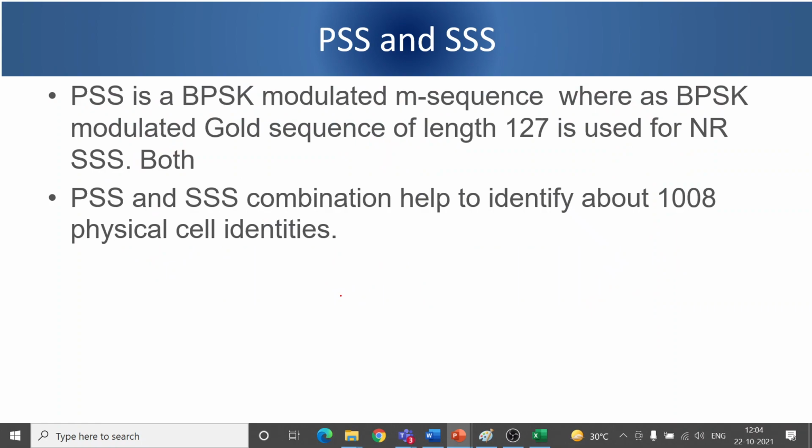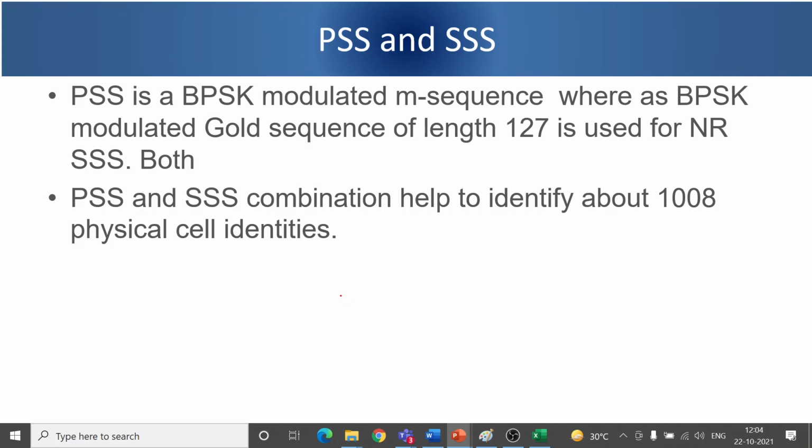Those PSS and SSS, I said those are sequences. Those are already known, modulated with BPSK, binary phase shift keying. Your device already knows, so it need not have any other information about what modulation will be used. It is already pre-programmed, and these are standard sequences, right?